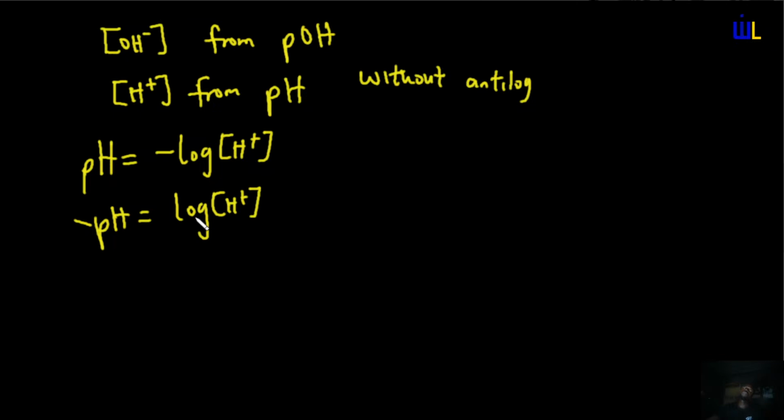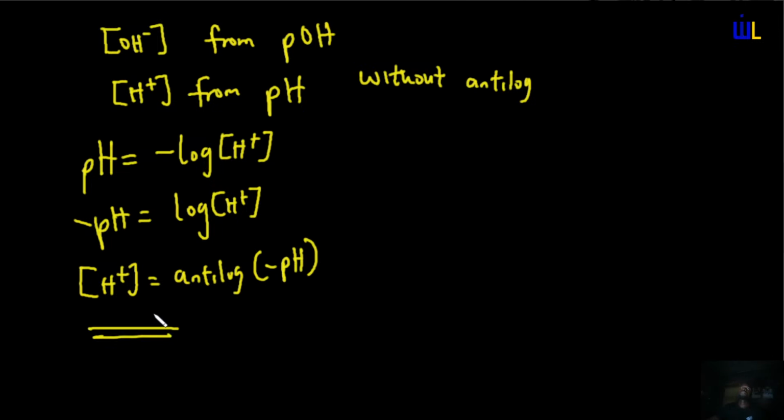Now, if you want to remove the log, what you simply do is the anti-log of the other side. So the concentration of hydrogen ion is equal to anti-log of negative pH. Please put this formula down. Whenever they say find the concentration of hydrogen ion, you simply do anti-log of negative pH.